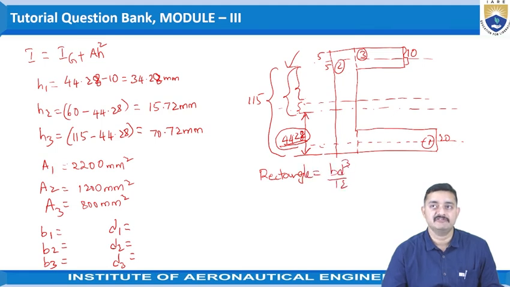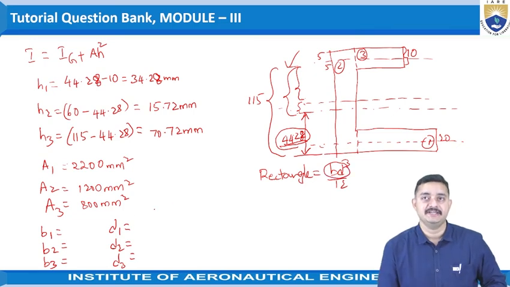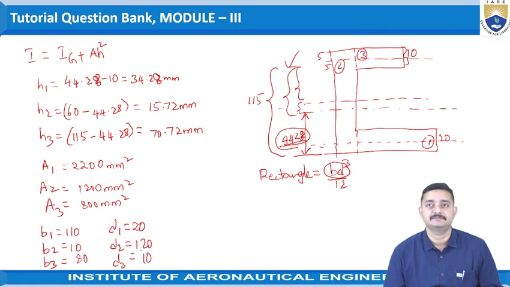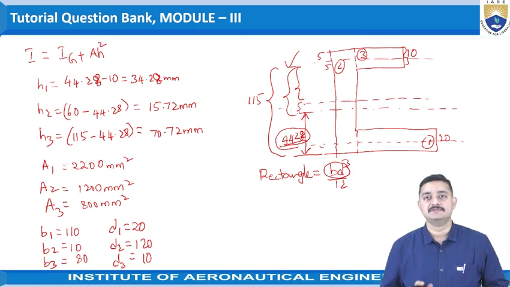Hence we will be identifying the values of B and D here. For the first part, the B1 value would be 110, that is the base, and D1 would be 20. Then B2 would be 10 for the second part, and D2 would be 120. And B3 would be 80 for the third part, and D3 would be 10. So in this way, we have obtained all the values required for the formula.